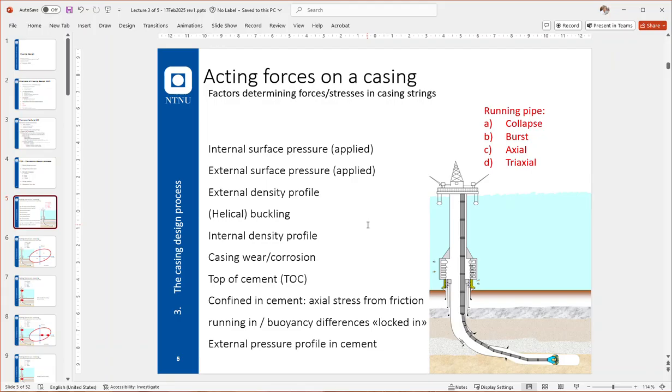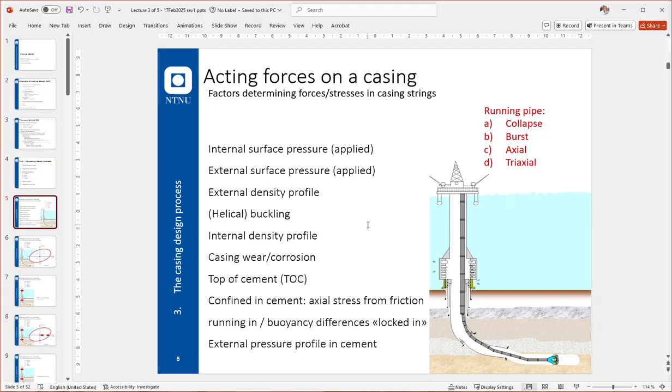What influences us would be casing wear, and typically, since we are doing life cycle analysis, would be corrosion. We have to consider corrosion. In most cases, how we solve that would be to actually add some corrosion inhibitor type chemicals.